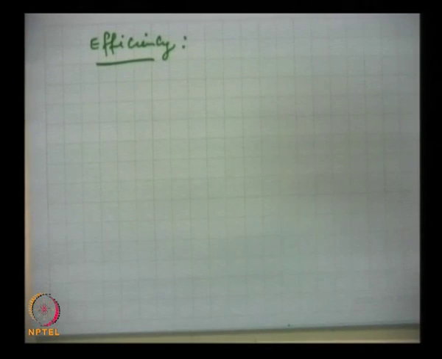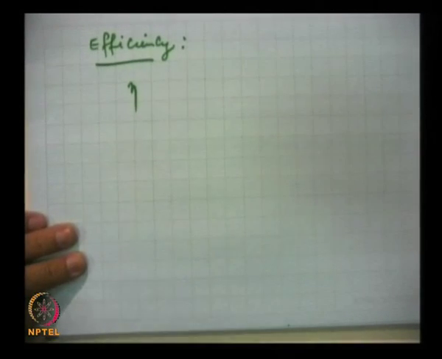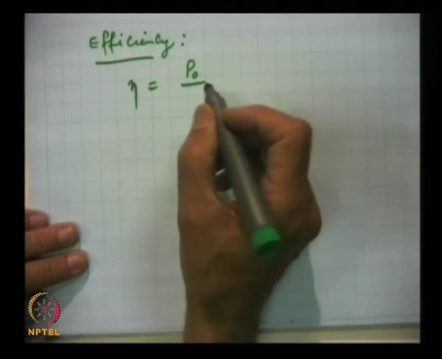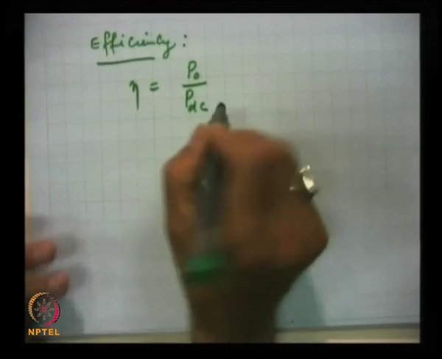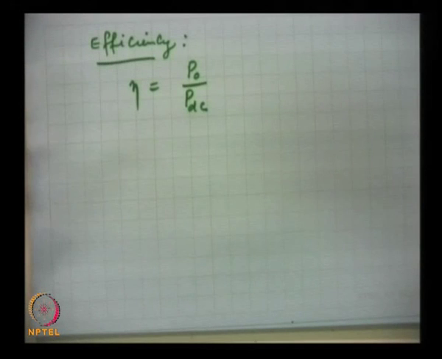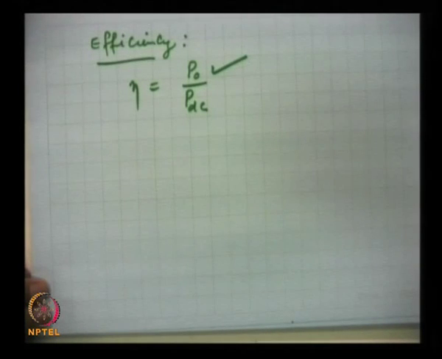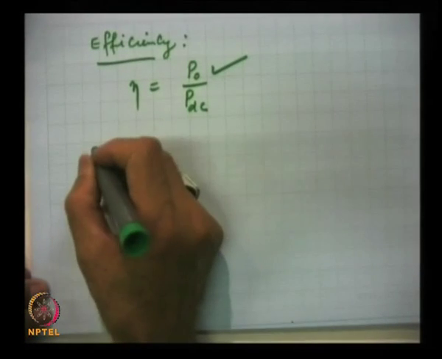So, conversion efficiency, which we write as eta, is equal to PO, that is the AC output power, by the DC power, and when it is to be expressed as a percent, we multiply this by 100. We have already found the maximum output power. What will be the PDC?